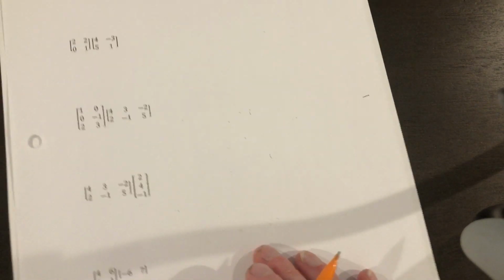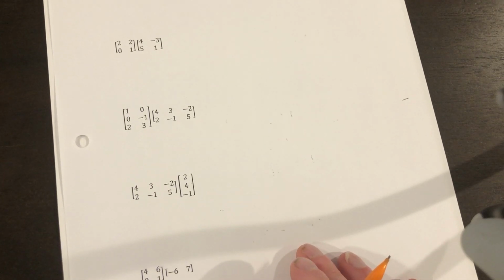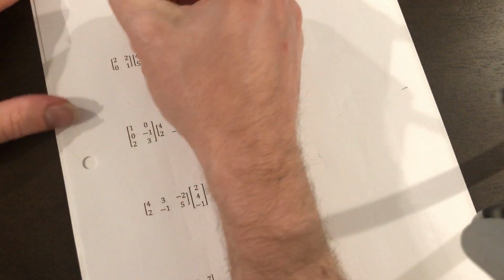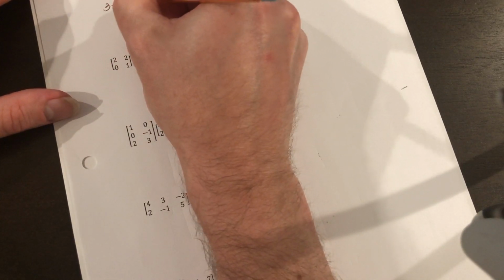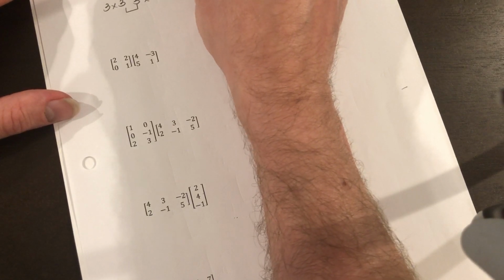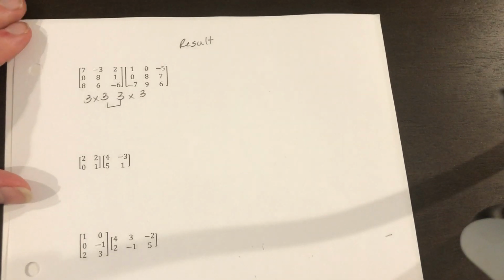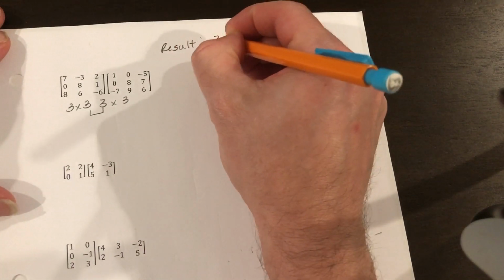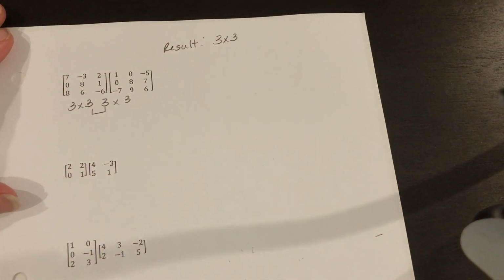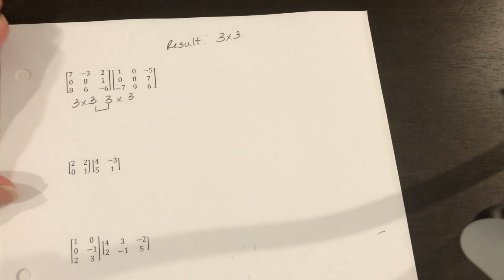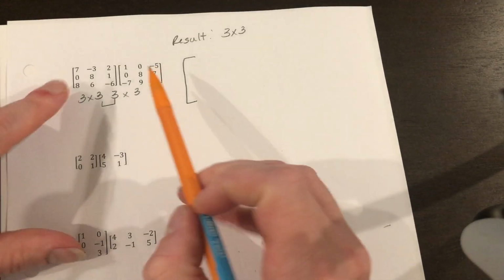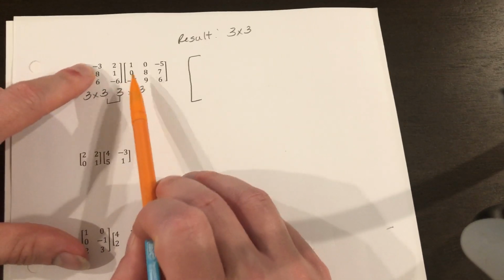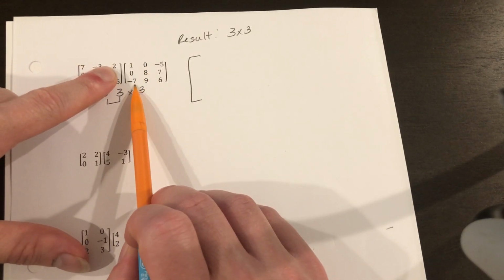Okay, now next one we got a 3 by 3. And we got another 3 by 3. So the resultant is going to be a 3 by 3. Okay, so we're going to start and we're going to do rows by columns. So we're going to do 7 plus 0 minus 14.